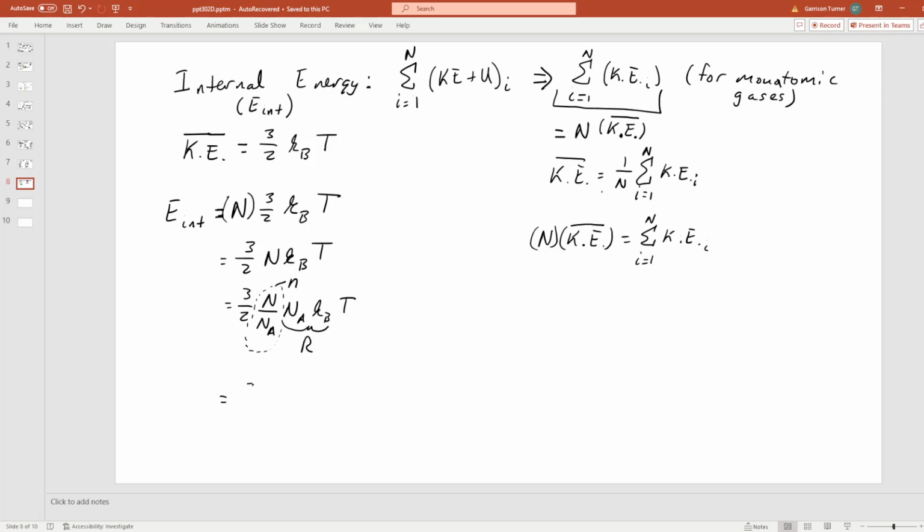So this can also be written as 3/2 nRT. Okay. And so, if you're working with the total number of molecules and Boltzmann's constant, then your total internal energy is given by this. And if you're working with moles and the gas constant, then it is given by this.